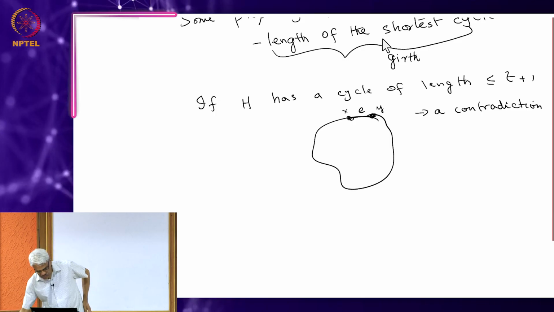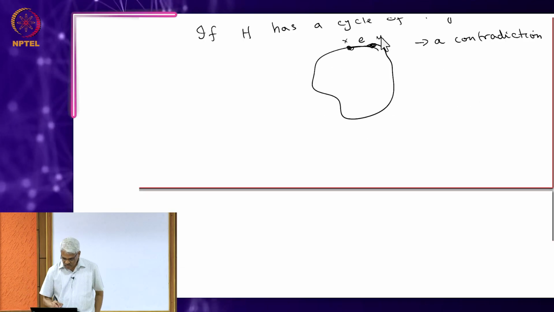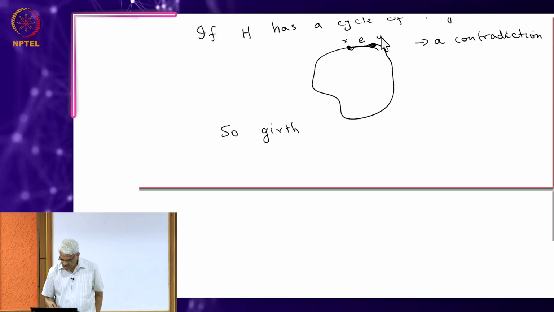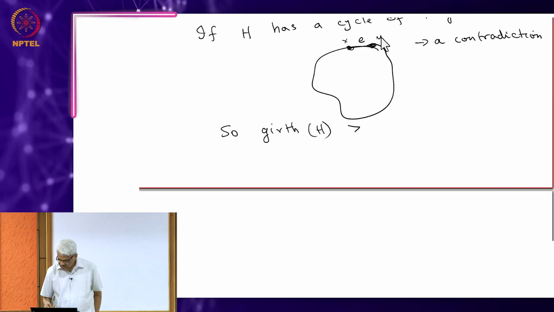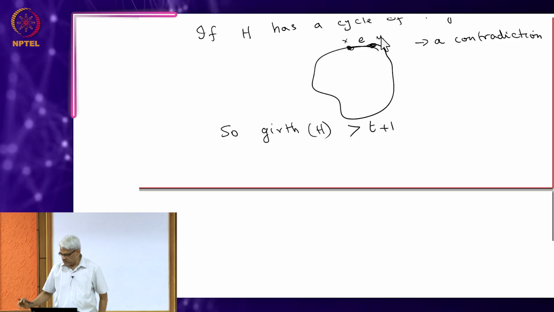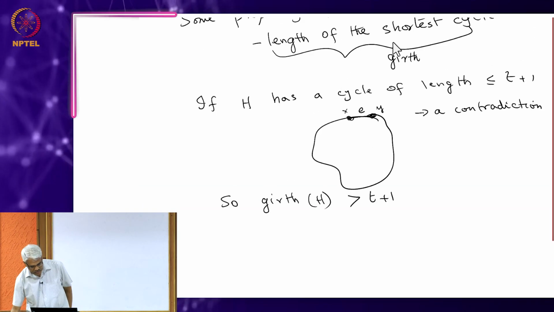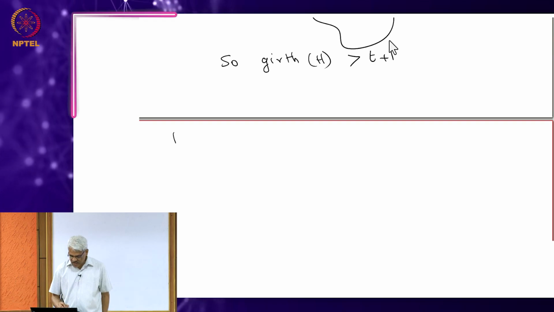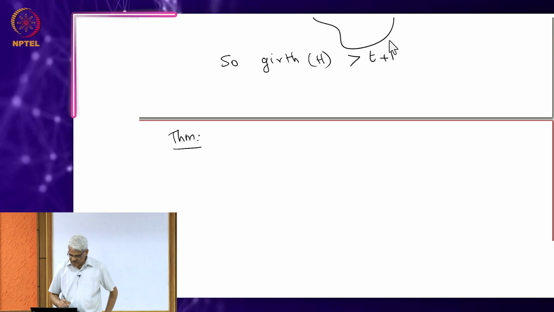So the girth of this graph is strictly more than t plus 1. Now, there is an interesting theorem in graph theory, which will be left as an exercise.